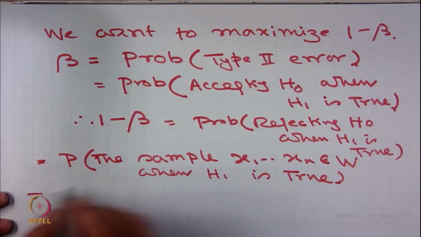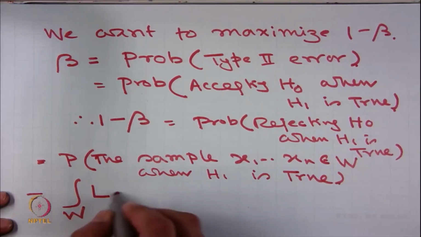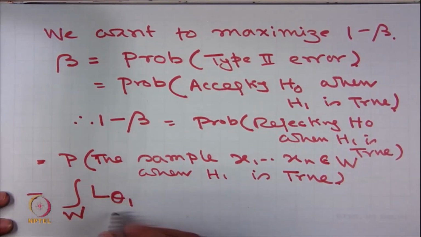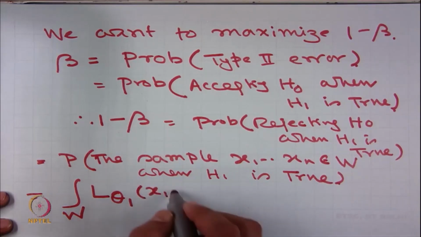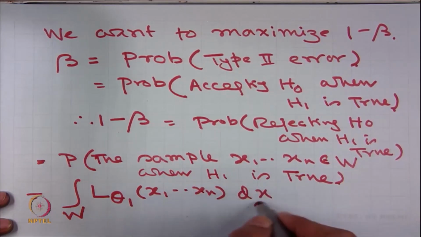Therefore, this is equal to the integration over W of L theta 1, because H1 is true and the parameter is theta 1, of x1, x2, ..., xn dx.